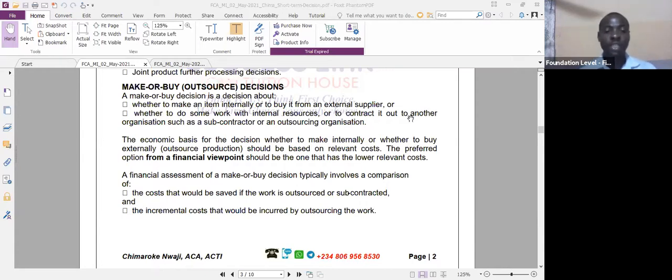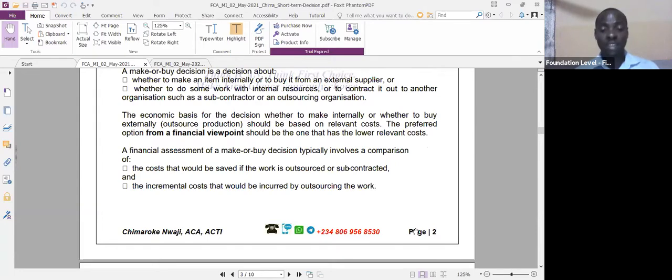So you see, if the work is to be done internally, you are going to save costs of outsourcing it. And if it is going to be done externally, you have to look for what they call the incremental cost incurred by outsourcing the work. Don't worry, we're going to solve a question and this will make sense.